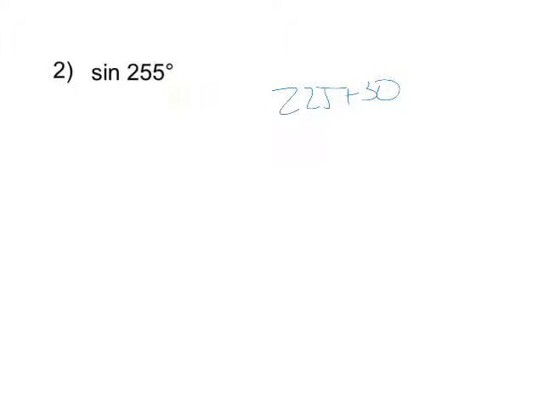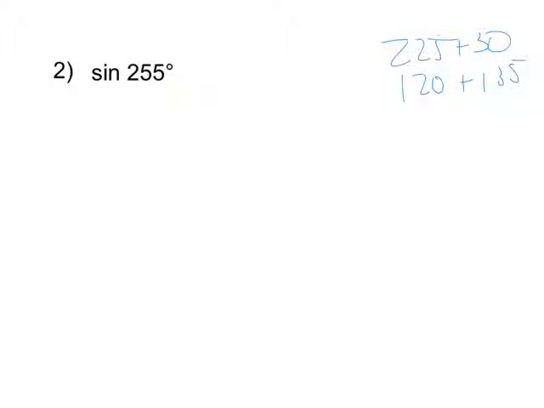It's also the same thing as 120 plus 135, right? There's just several combinations that you can use. I'm going to stick with the 225 and the 30. So instead of writing the sine of 255, I'm going to write it as the sine of 225 plus 30.